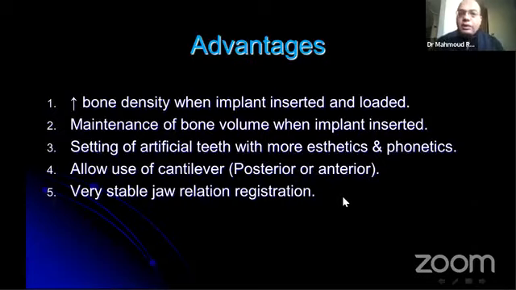First, we will talk about the advantages of overdenture. It increases the bone density when the implant is inserted and loaded. So it will maintain the bone around the implant, unlike the tooth-supported overdenture. The periodontal ligaments of the abutment teeth keep the bone continuously under tension.